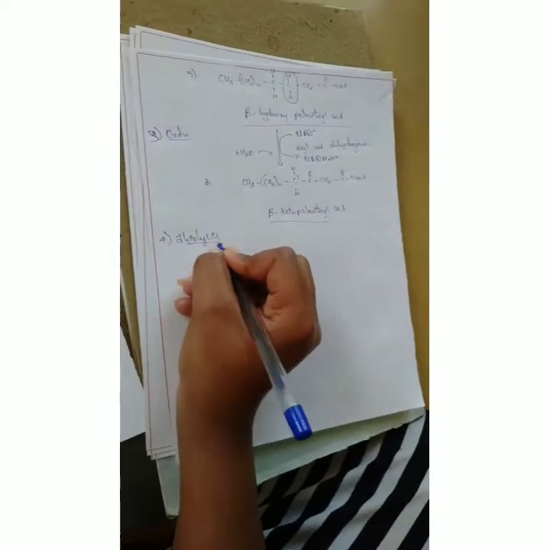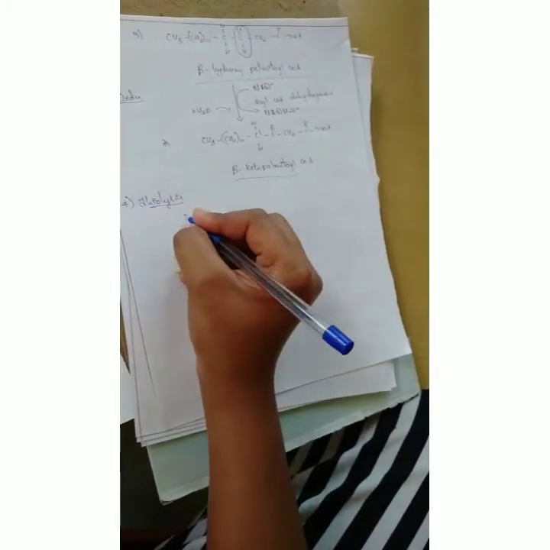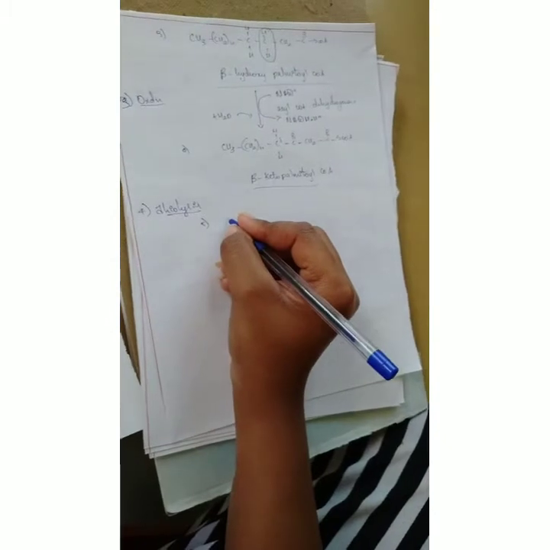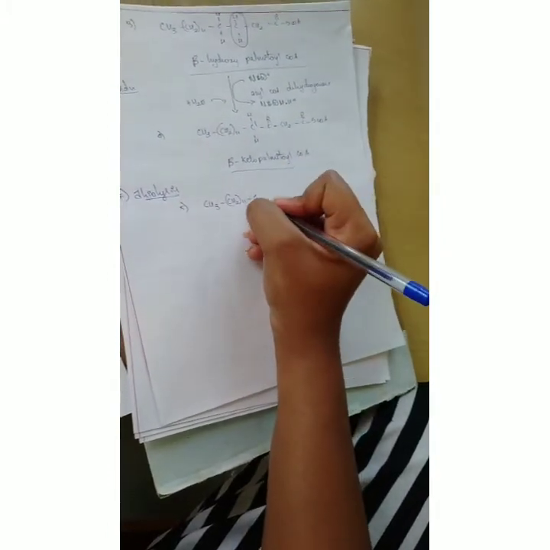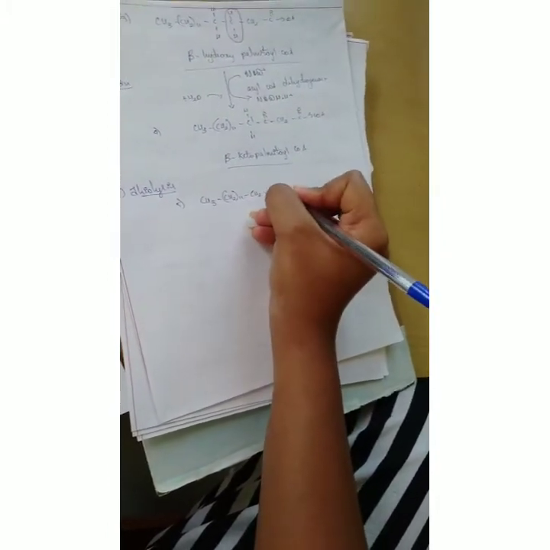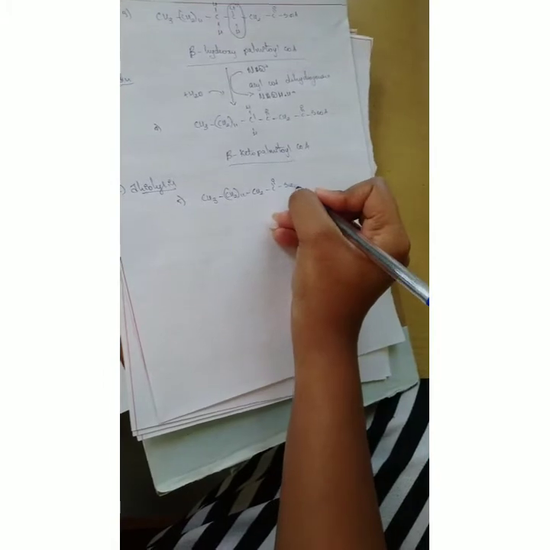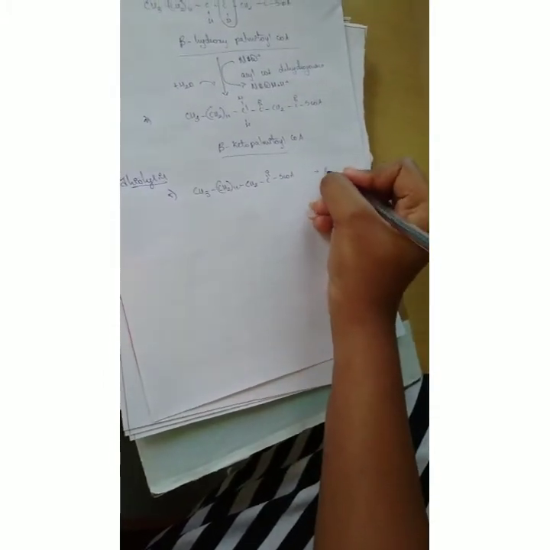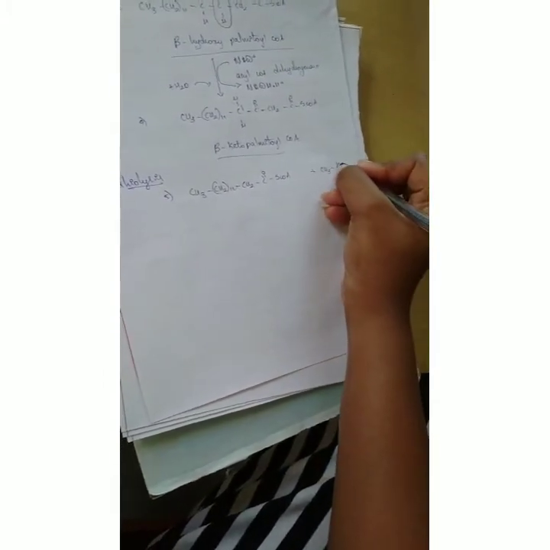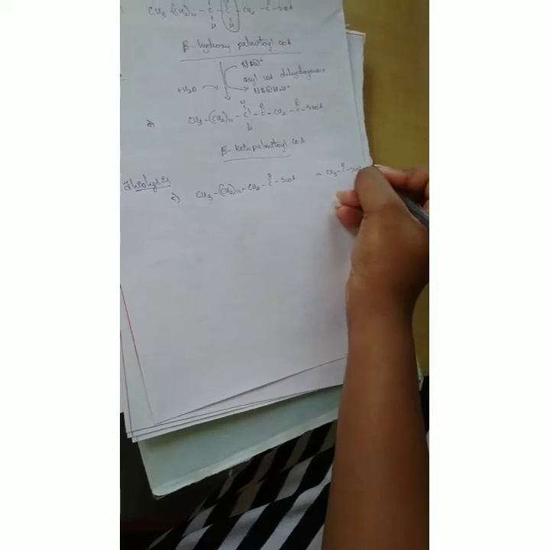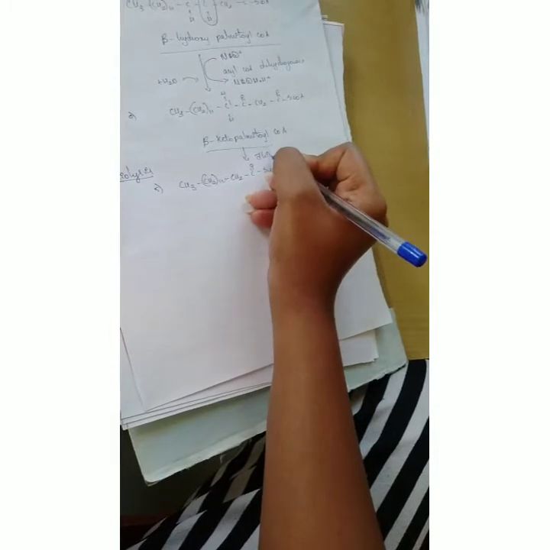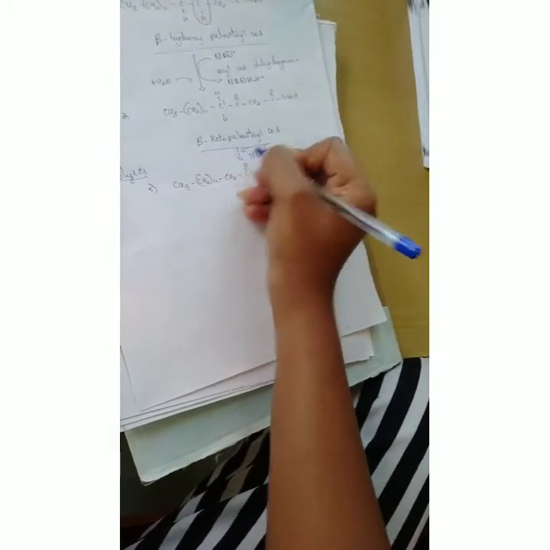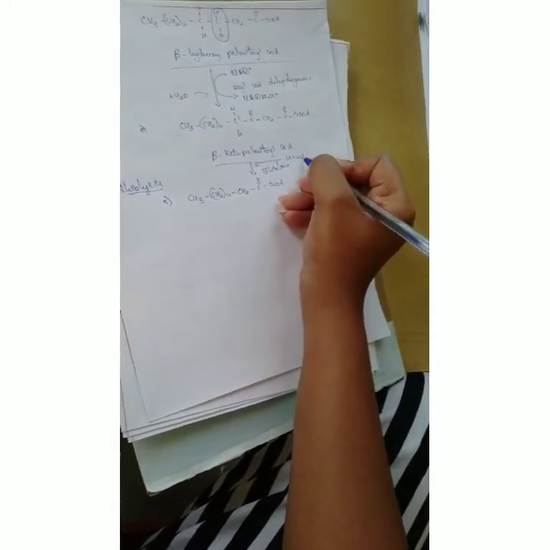And the final step is thiolysis, where the fifth reaction takes place: CH3 (CH2)11 CH2 C double bond O S-CoA plus CH3 C double bond O S-CoA, where the enzyme is thiolase, plus HS-CoA.